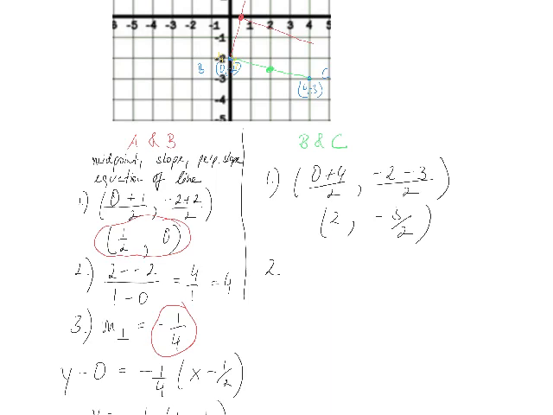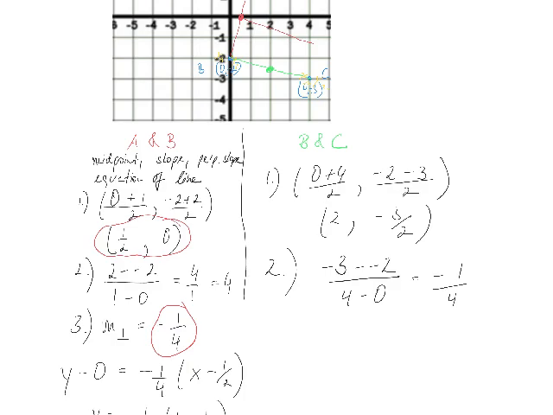So x1, y1, we call this now x2, y2. Okay, the slope. So we go minus 3 minus minus 2 over 4 minus 0. So that minus 3 minus minus 2 is minus 3 plus 2, which gives me minus 1. 4 minus 0, 4.